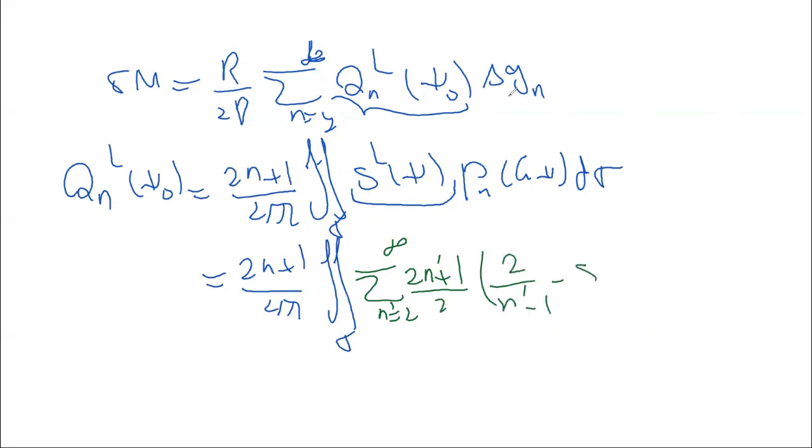Plus 1 minus plus Pn cosine. Now it should be Pn prime, the Pn cosine and the sigma.